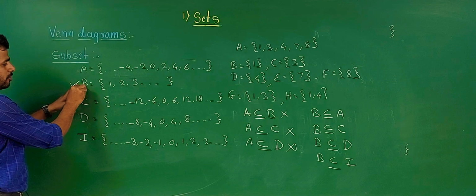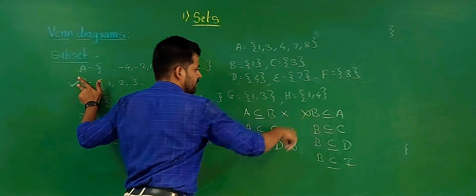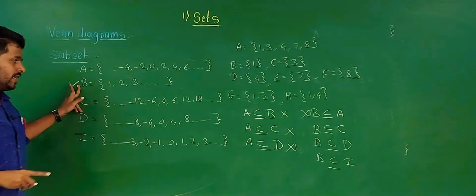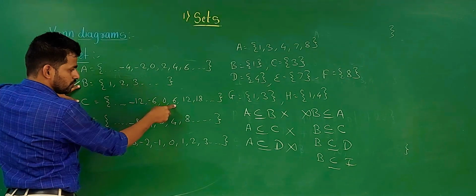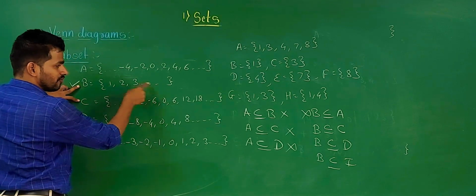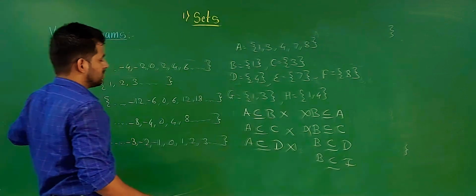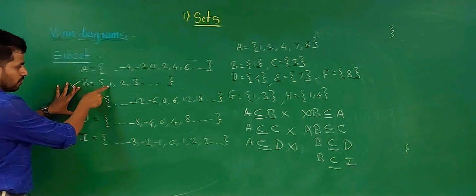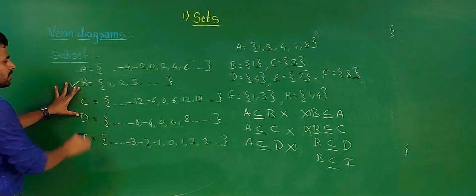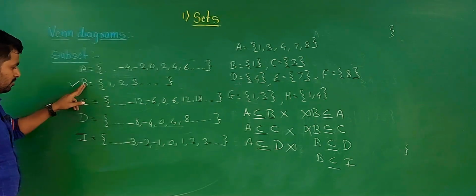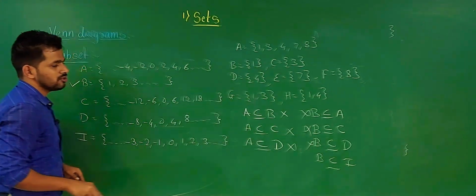Means every element of set B is not present in A. That's why B is not a subset of A. Now B and C. See, 1 is here, no. 2 is here, no. 3 is here, no. 4 is here, no. That's why B is not a subset of C. Same as it is B and D. 1, no. 2, no. 3, no. That's why no element of set B is present in D. That's why B is not a subset of D.